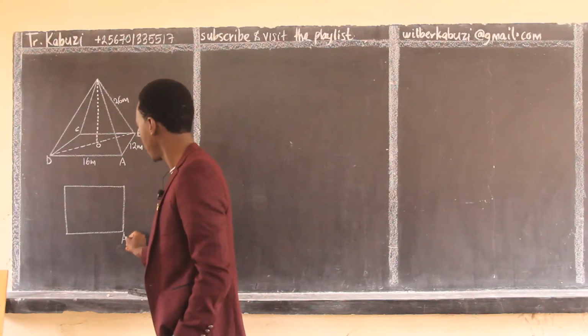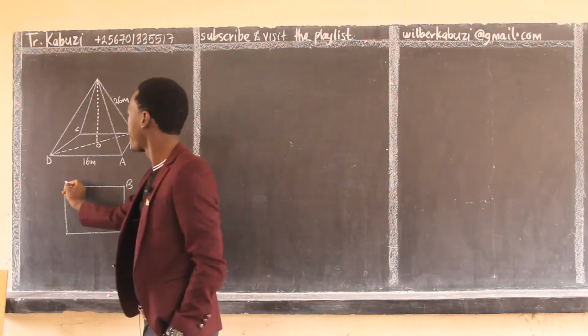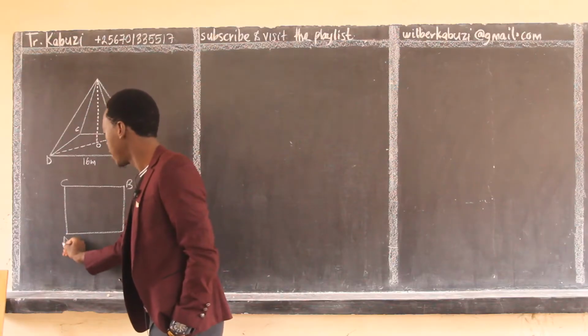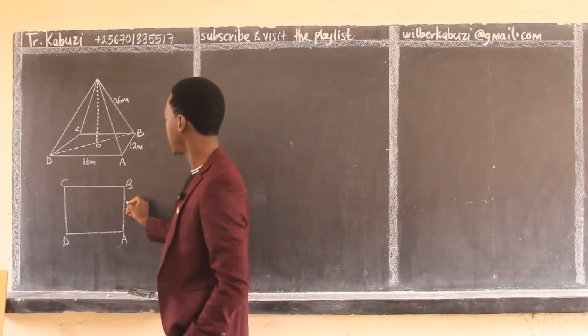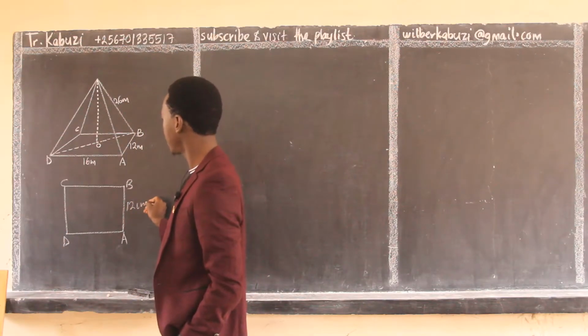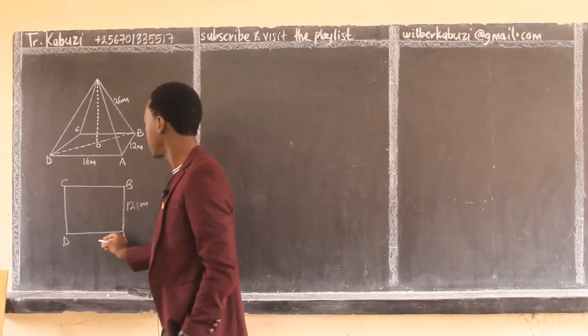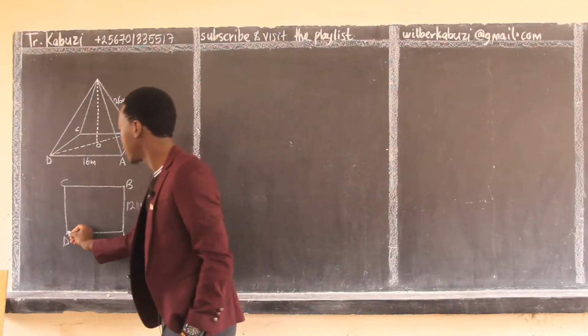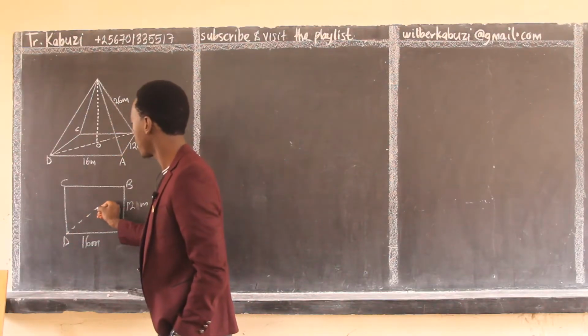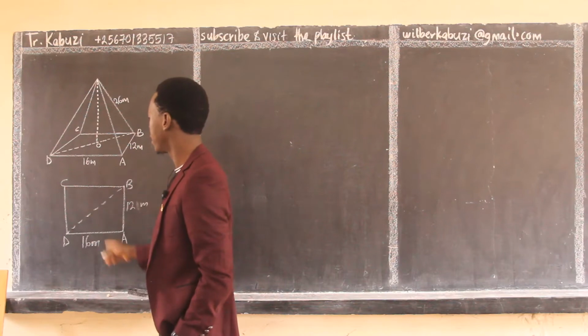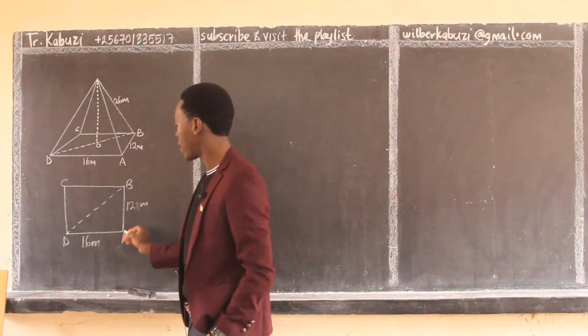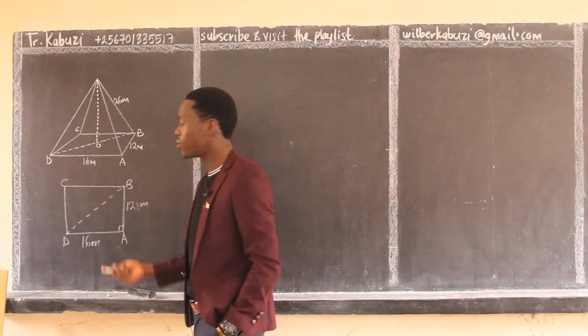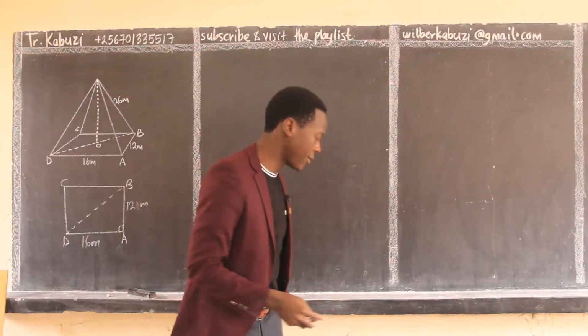This is my A, this is my B, C, and D. So this is 12 meters, and this is 16 meters. They want us to get the length of this diagonal here, or you can get that one, anything is going to work. As you see there, we are just going to apply the Pythagoras theorem.